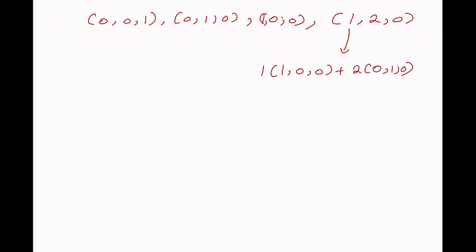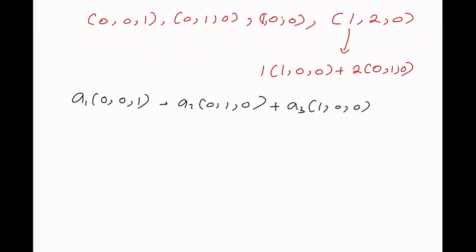Also, if I write the condition, it is A1 times 0, 0, 1 plus A2 times 0, 1, 0 plus A3 times 1, 0, 0 plus A4 times 1, 2, 0. I just show it as an example of why the condition is true. You can put A4 equals -1, A2 equals 2, A3 equals 1, and A1 equals 0.